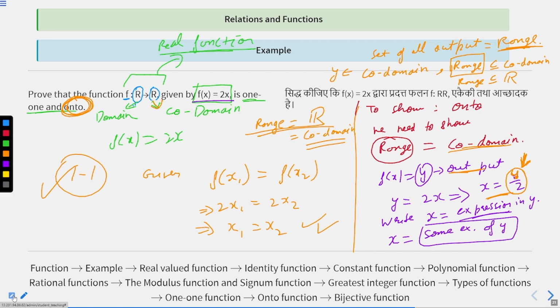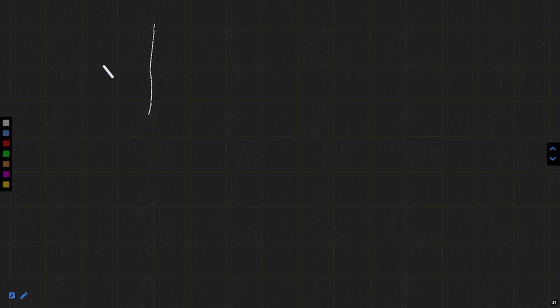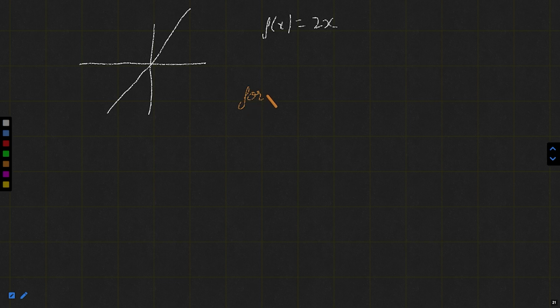So let's look at the other way, by picture. If you draw on the Cartesian plane the graph for this 2x, what will you get? You will get a line like this. Now for one-one, if you need to show whether my function is one-one or not, just draw a graph for it and do a horizontal line test.